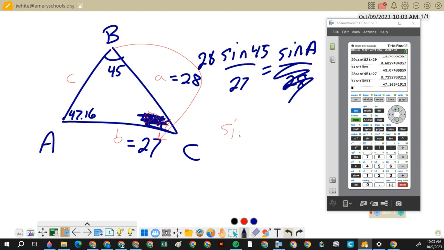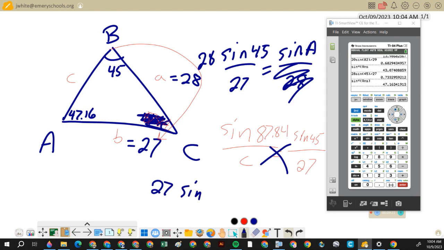So the sine of 87.84 over C is equal to the sine of 45 over 27. Cross multiply. 27 sine of 87.84 is equal to C sine of 45.